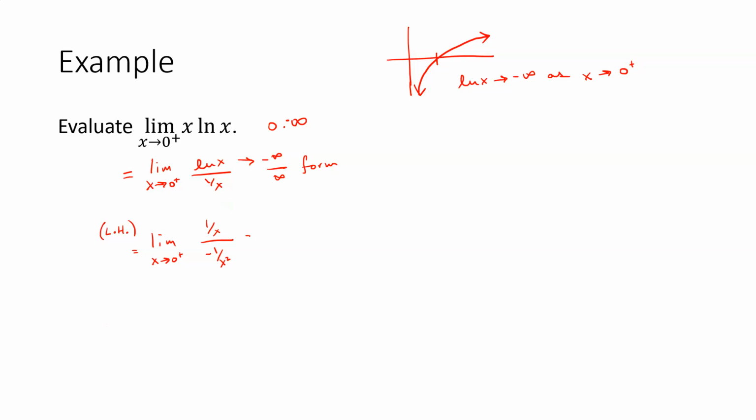And then simplifying this a little bit, I'll get negative x squared over x, which is just negative x. So it'll be 0. So by rewriting this in the infinity over infinity form, we got it into a form where we can apply L'Hopital's rule.